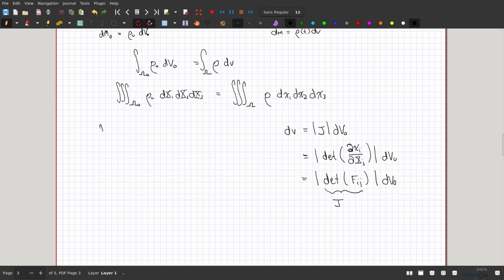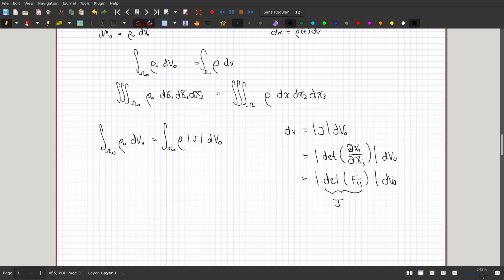So we now have the integral over omega 0 of rho 0 dV0 is equal to the integral over omega 0 of rho times the absolute value of J dV0. Now this equation must hold.